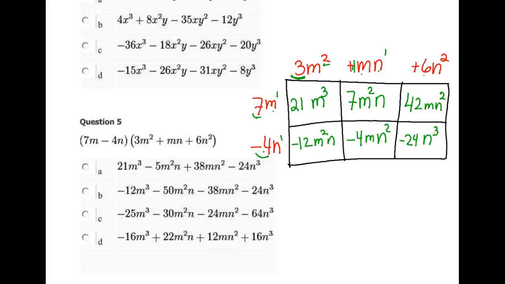Let's combine like terms. There's only one m cubed, so 21m cubed. There's only one n cubed. Okay. M squared n, we have two of them.